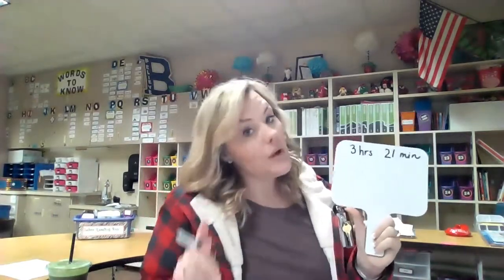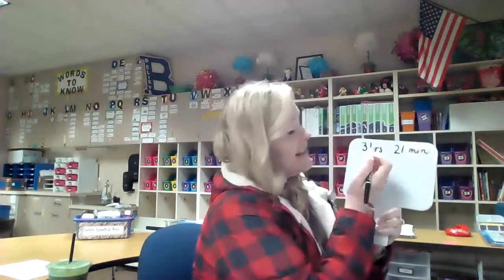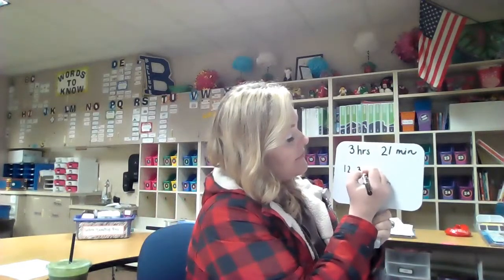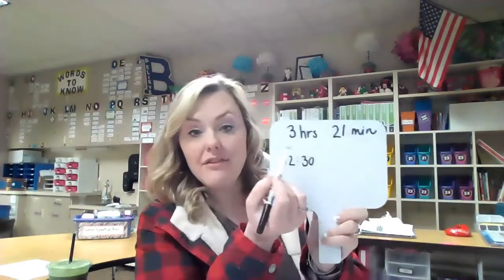This bird's going to be named Betsy. And Betsy the bird is going to fly for 3 hours and 21 minutes. And she leaves her nest, not at 1:30 like Sal, she's going to leave at 12:30.